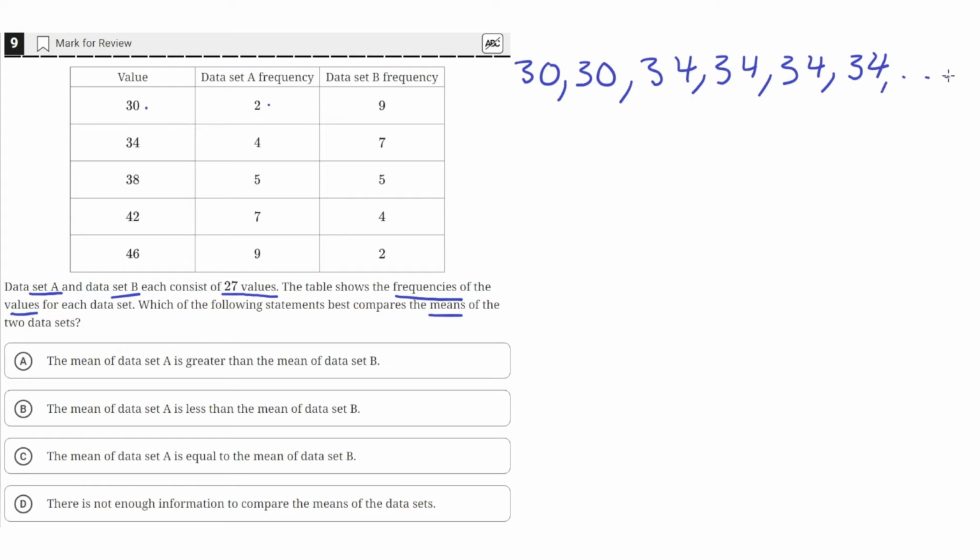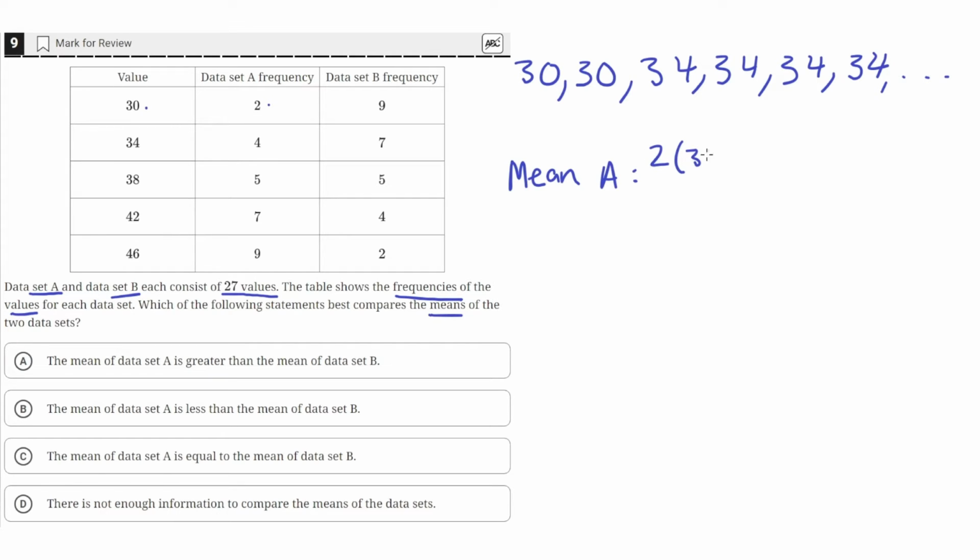And we would just go on and on until we get through all the values. So to find the mean of this dataset, instead of adding up all these numbers together, we can just multiply the value times its frequency, which tells us how many times it occurs, and then divide that by the total number of values, which is 27, to get the mean. So the mean for dataset A would look something like this.